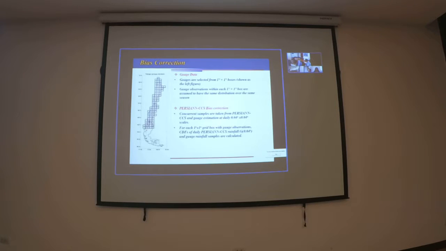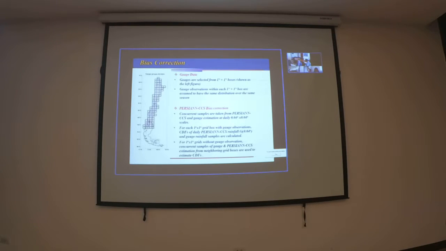And then we calculate the cumulative density function for those data sets, which I will explain more in the next few pages. Of course, there is one particular situation: you might see some of the boxes have no gauge.